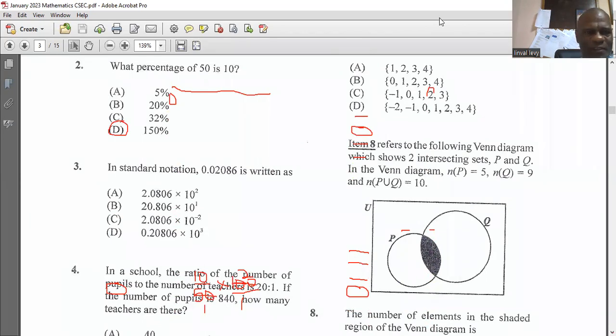Just erase them. All right. Now let's look at number 3 while I fix all of this mess.